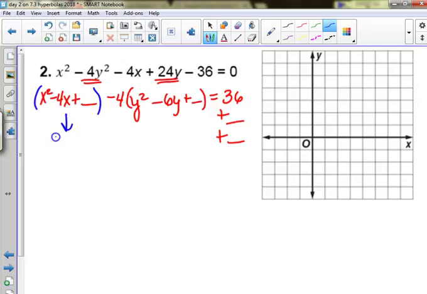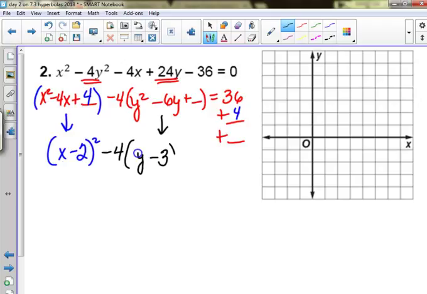All right, complete the square on the x's and we get x minus 2 quantity squared, where we are adding 4 to both sides. If we complete the squares on the y's, we bring down the negative 4. Half of y squared minus 6y would make it y minus 3 squared, square the negative 3 and we get 9.